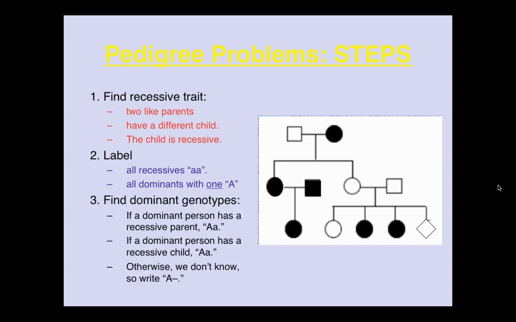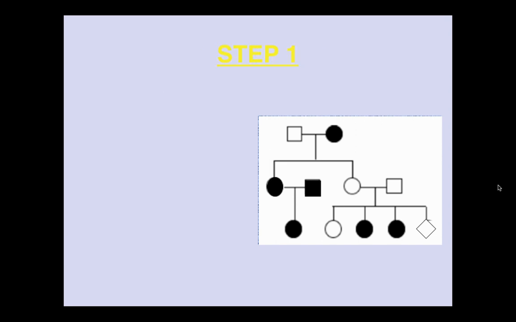Then you get down to the nitty-gritty. And the nitty-gritty says find all those dominant genotypes. If a dominant person has a parent that's recessive, then they are big A, little a. If a dominant person has a child that's recessive, they're big A, little a. Otherwise, we don't know. We put A dash, and just remember that A dash means we don't know what it is.